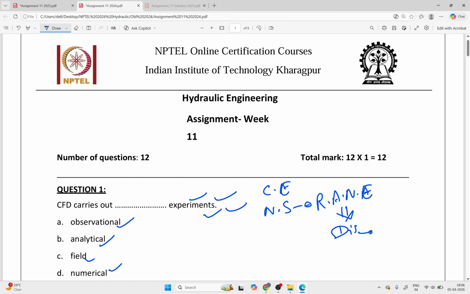Then you need turbulence models, and applying all these you convert them into simple equations using the finite element method, finite difference method, or finite volume method. Then you need to write a code combining all these equations. Then you will solve numerically. Numerically means using a numerical model, using some code.